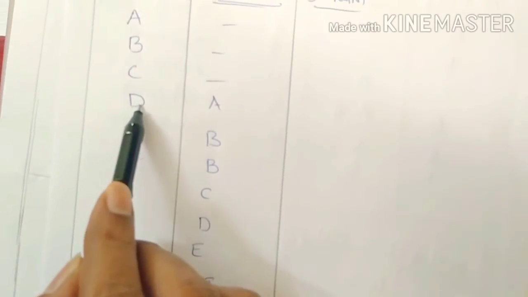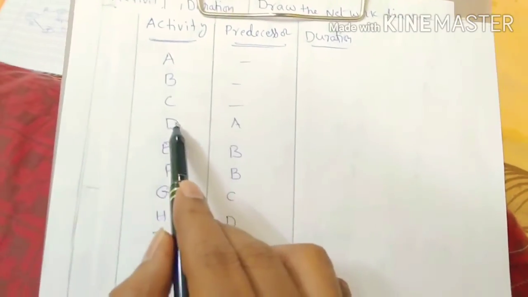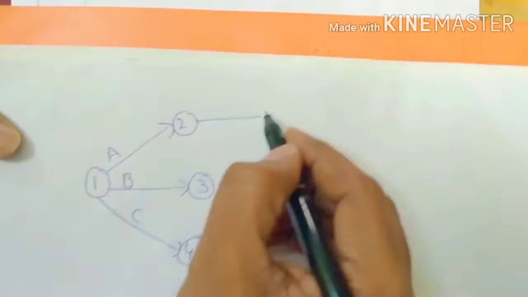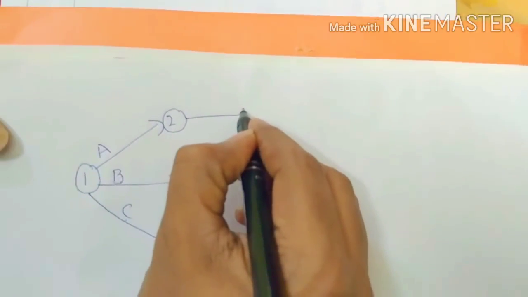Now we are moving to D. D before activity A should be there. So here D, before it activity A is there.